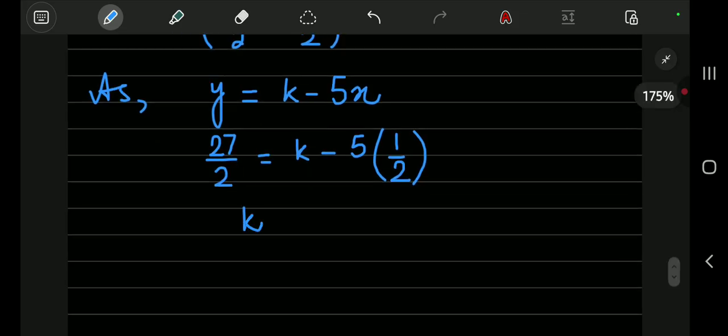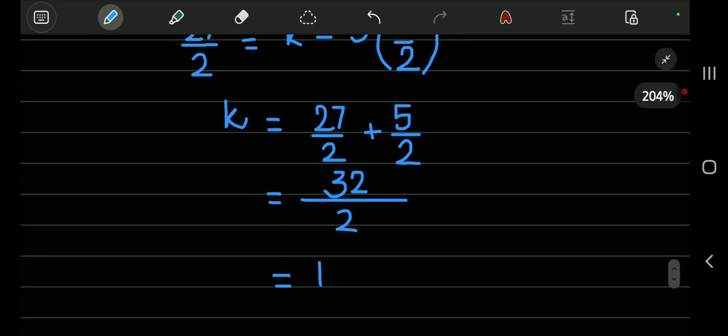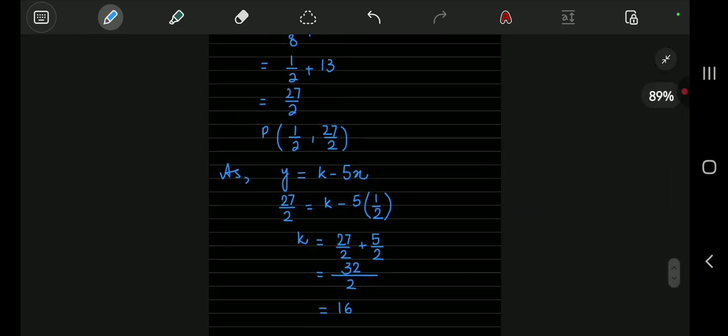So k equals 27 over 2 plus 5 over 2, so 32 over 2. So k appears to be equal to 16. Okay, so this is your whole working of your question 5.